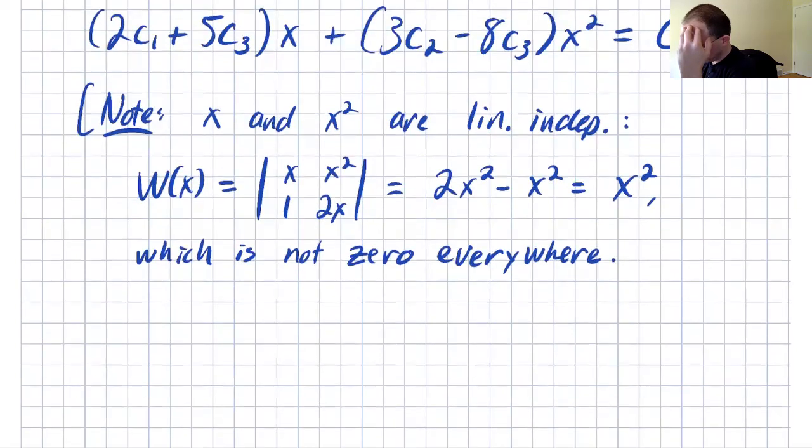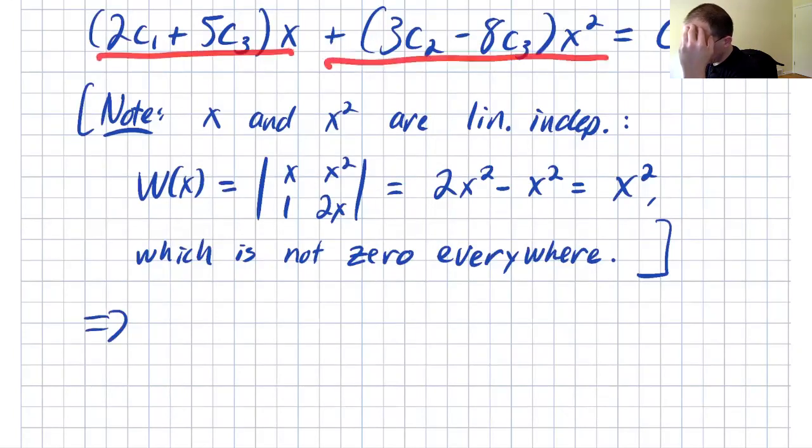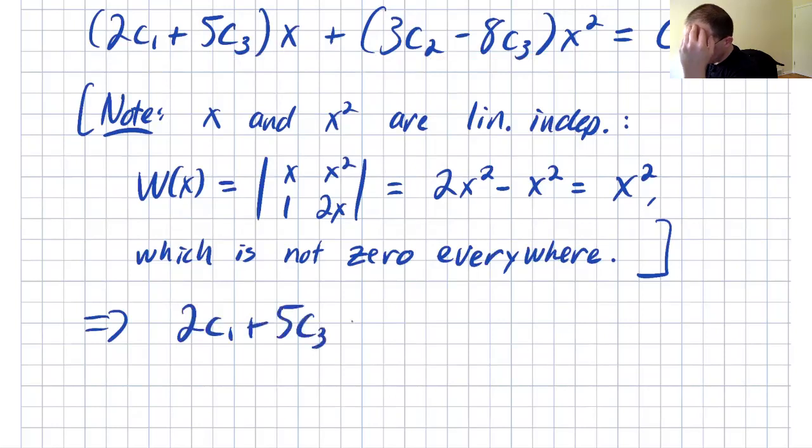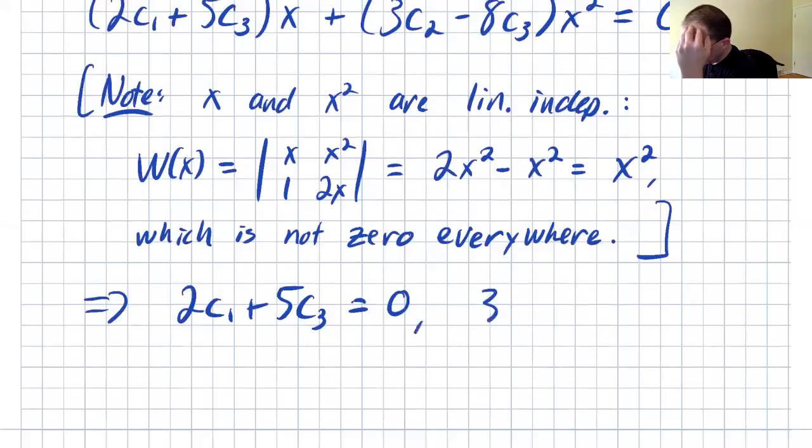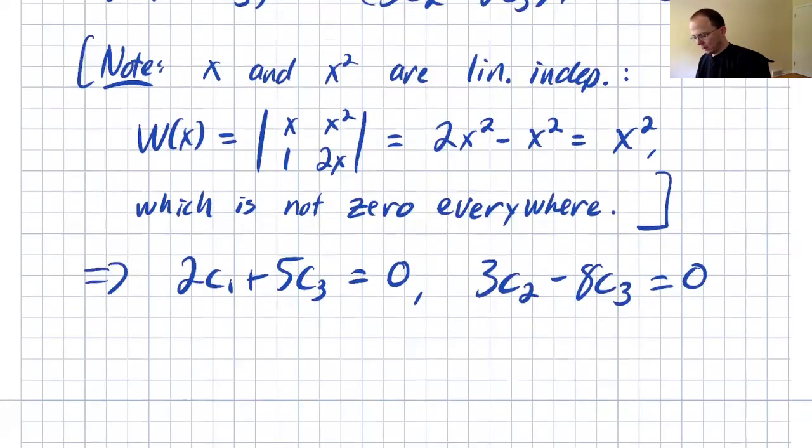Okay, so that's that argument. And therefore, the only way for this to be equal to 0 is for these two coefficients to both be 0. And so we get 2c1 plus 5c3 is equal to 0, and we get 3c2 minus 8c3 is equal to 0.